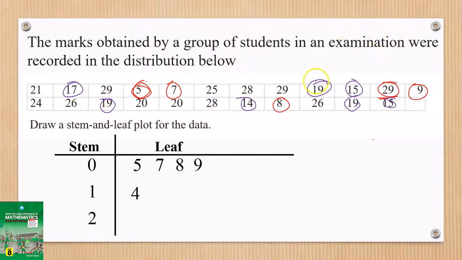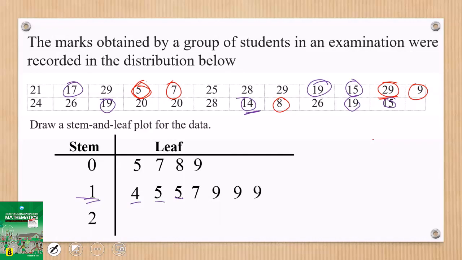So we have 14, the least, followed by 15, and we have 2 of the 15, so we repeat 5. So what we are saying is 1|4 is 14, 1|5 is 15, another 1|5 is 15 again. Then we go to 17, we go to 19. For 19, there are 3 nines, right? So all the 9s will come like that.